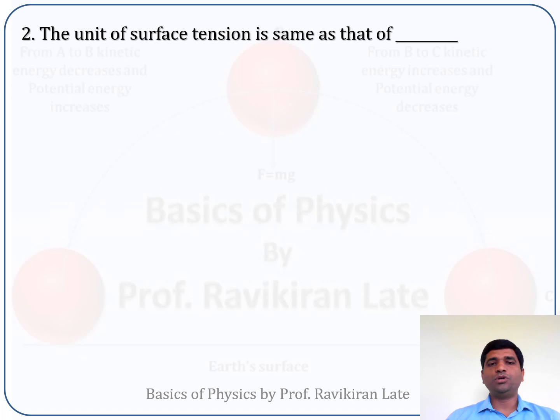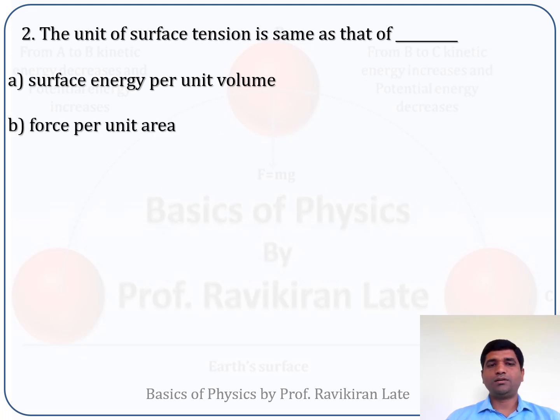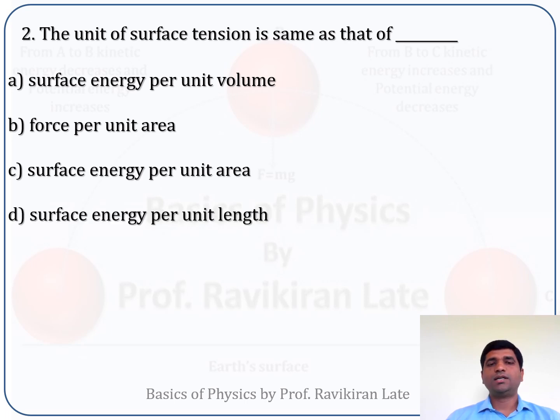Next question: the unit of surface tension is same as that of option A, surface energy per unit volume; option B, force per unit area; option C, surface energy per unit area; option D, surface energy per unit length. Now in this question you have to match the units of the four given options with the unit of surface tension.